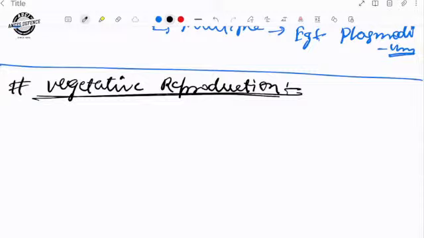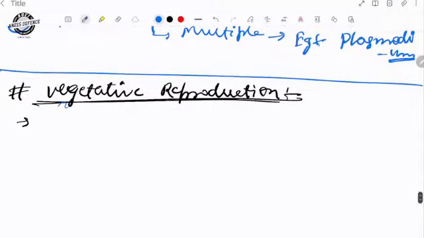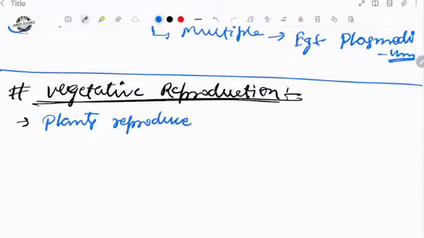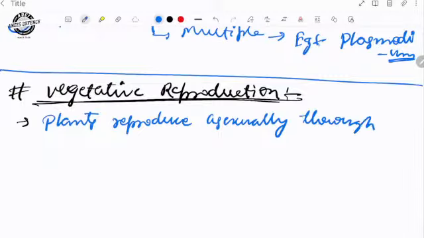Simply, we can write here: plants reproduce asexually through their vegetative part.